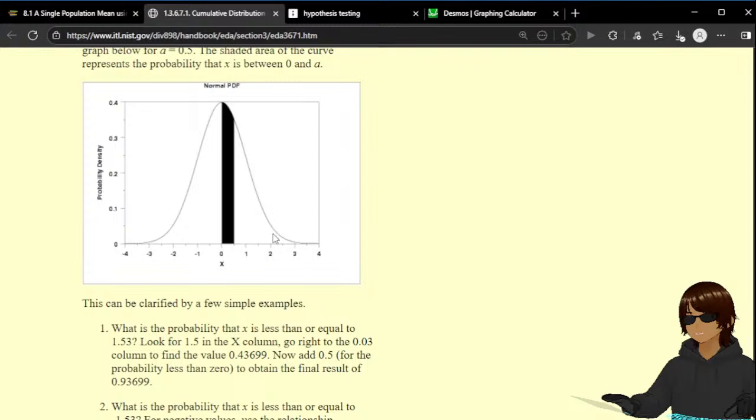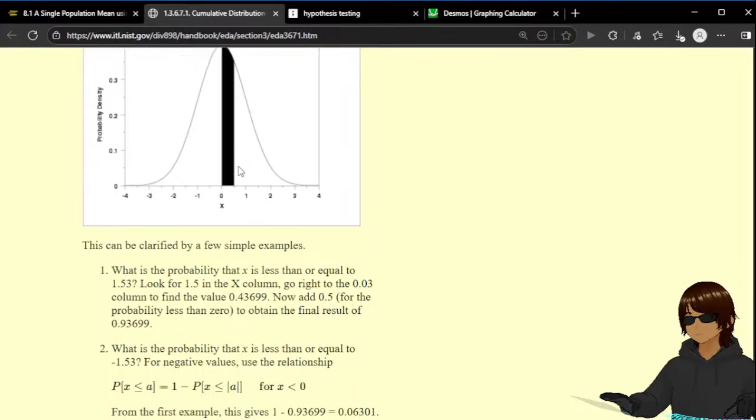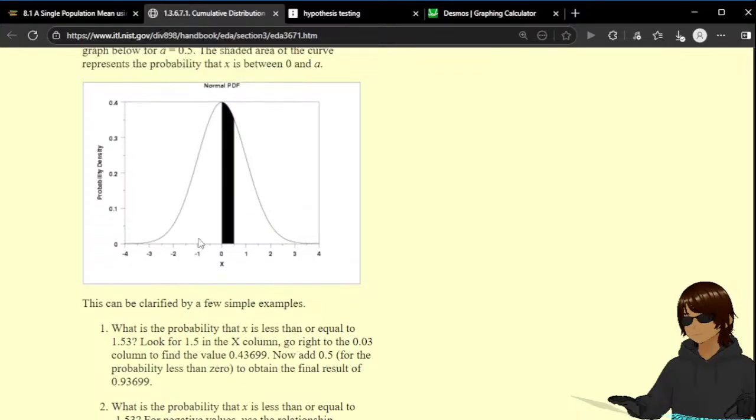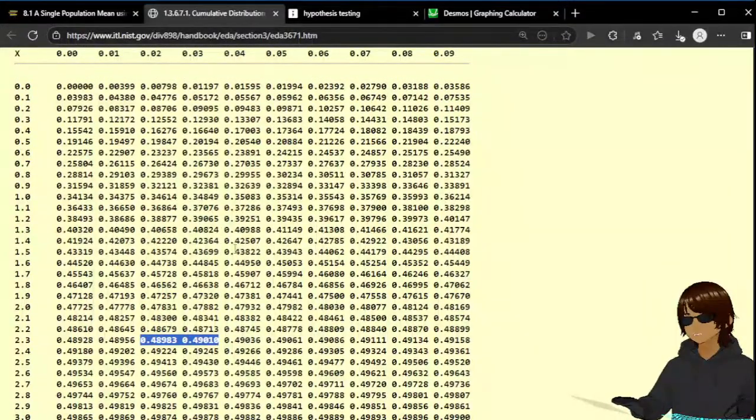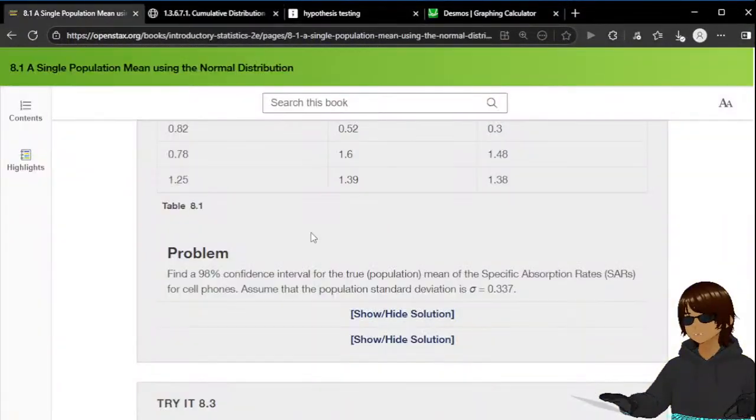So at 2.33, this area is 0.49. 2.33 it is.